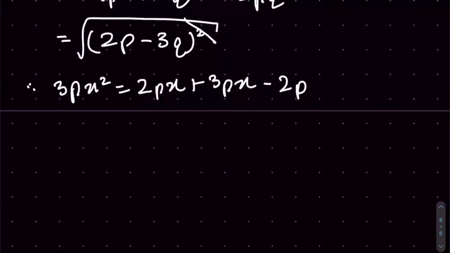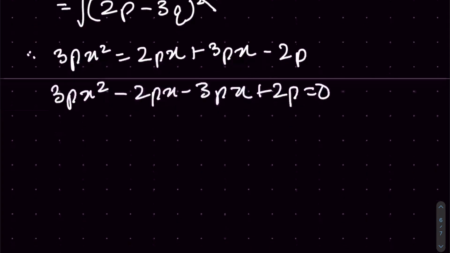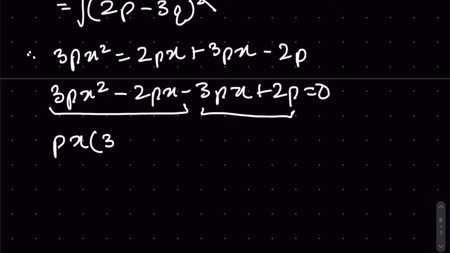Moving everything to the left side again, 3px squared minus 2px minus 3qx plus 2q equals 0. So we will treat this as two different binomials. Factoring px here, 3x minus 2. Factorizing negative q, we get 3x minus 2.